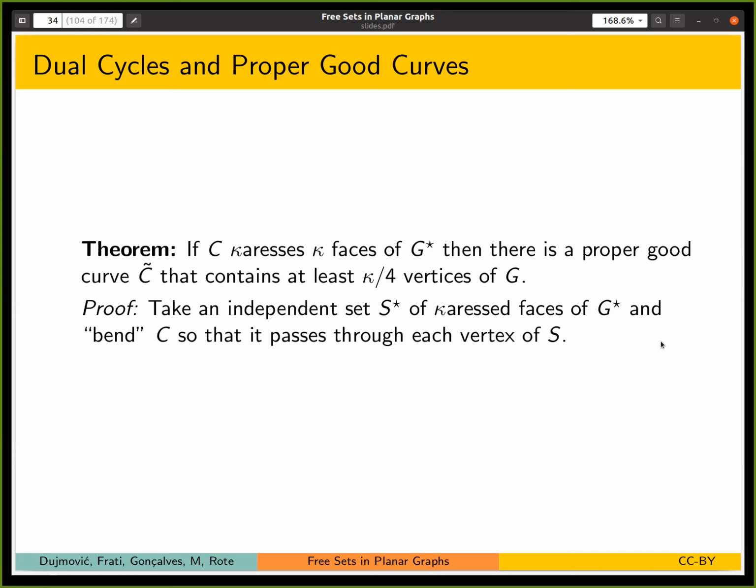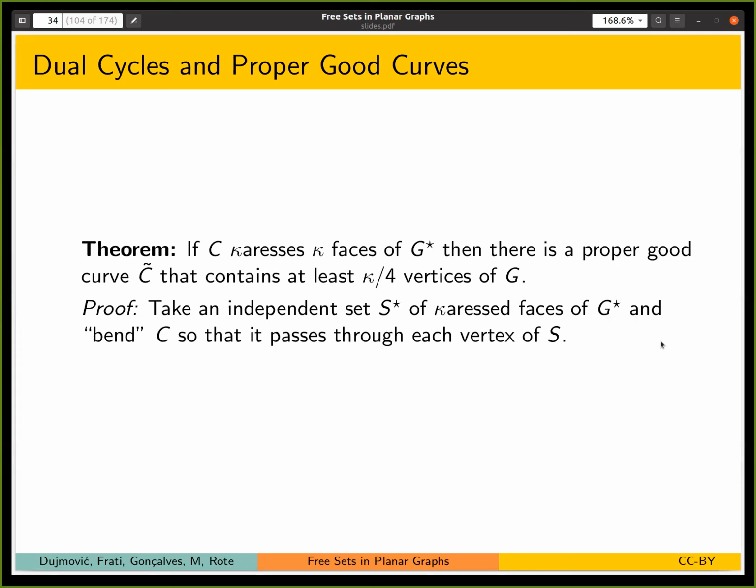They have to form an independent set. Otherwise, if you do that in 2 different locations, you might cause the problem again, so you might not be a proper good curve anymore. The good news is that the graph whose vertices are the caressed faces, with an edge between them if they share an edge, is a planar graph.